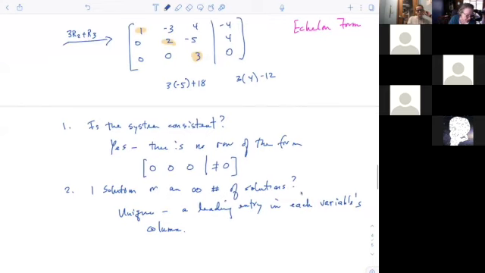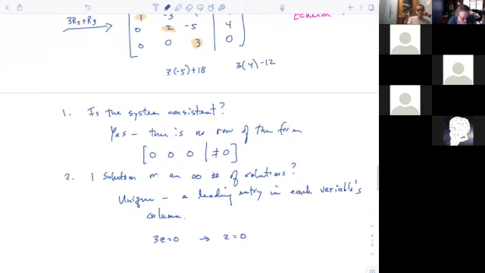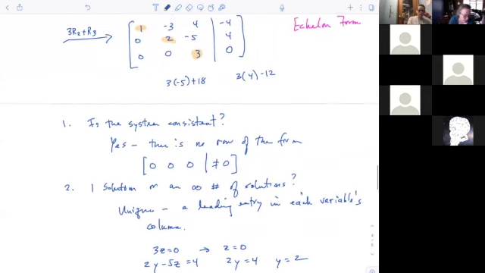All right, that's a little fuzzy because I haven't really explained why that matters. But one thing you can notice is that we can solve the system. We can say 3z equals 0 means z has to equal 0. Then we back up, so we get 2y minus 5z equals 4, and z is 0, so 2y equals 4, so y equals 2. And then we back up again.